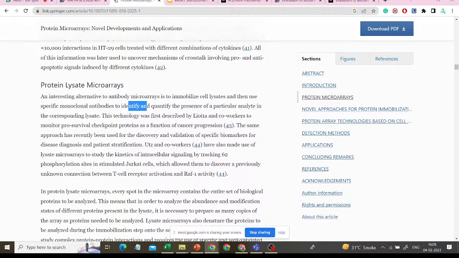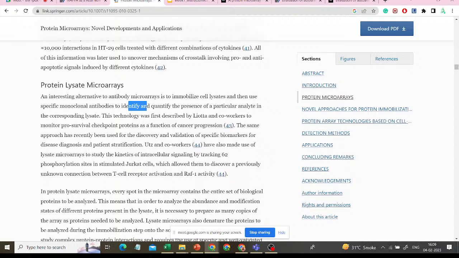As I told you, you can identify and understand which proteins are of interest through mass spectrometry or gel-based proteomics. If you could identify that in your cells, these are the different markers that are responding or changing under certain conditions.